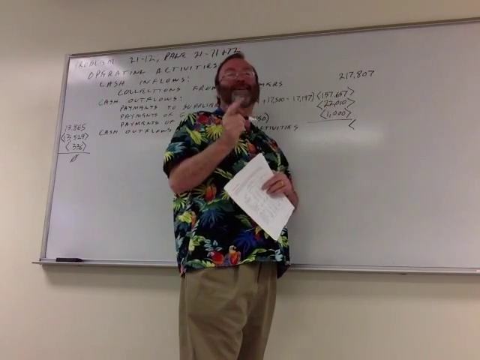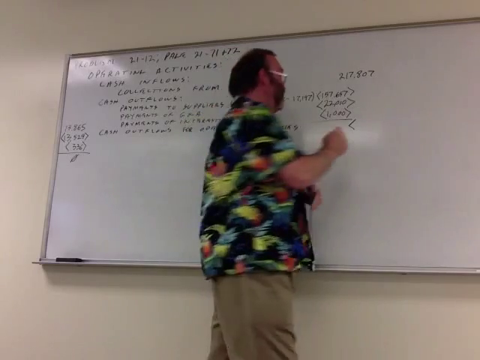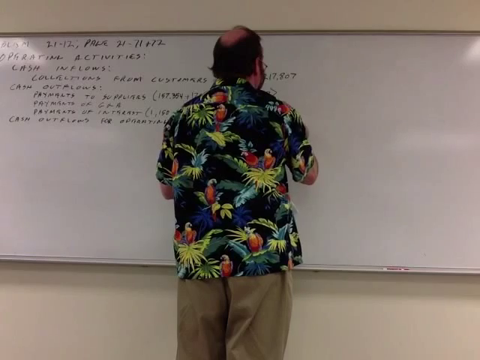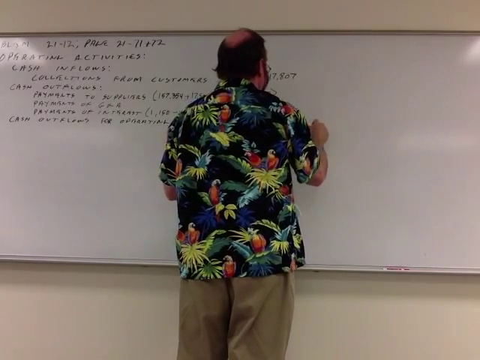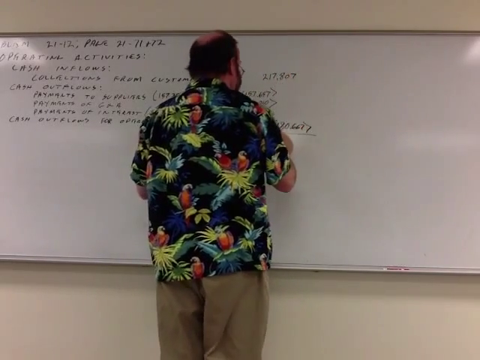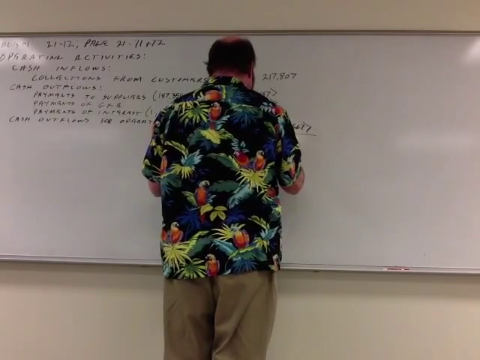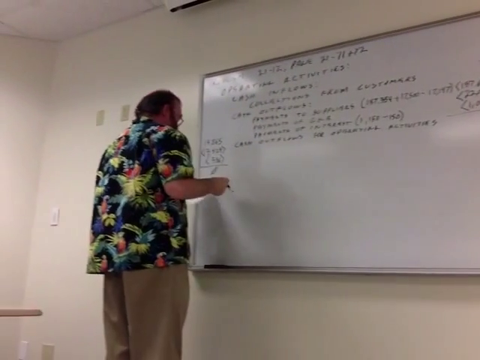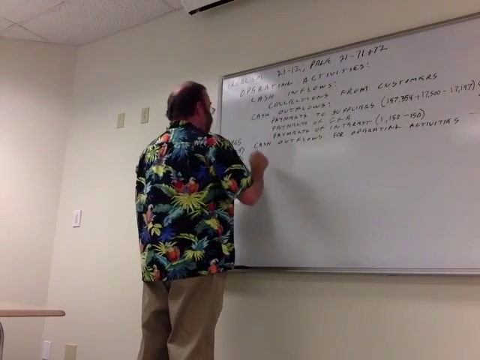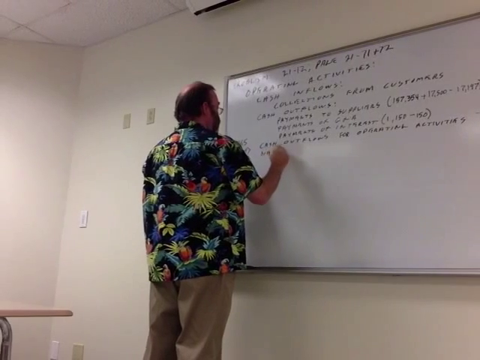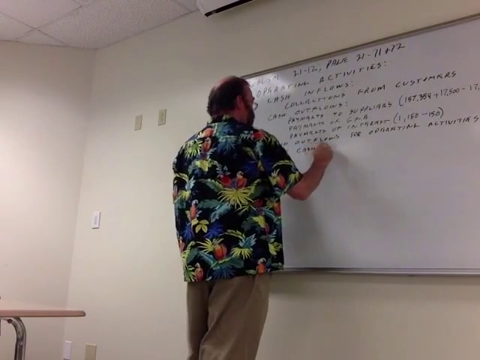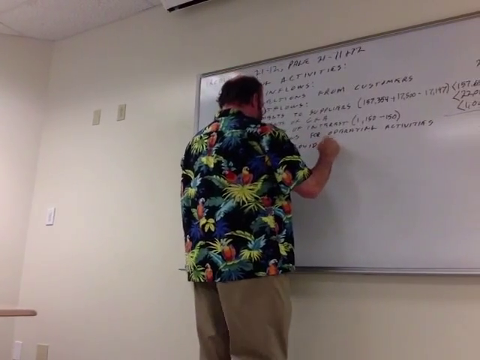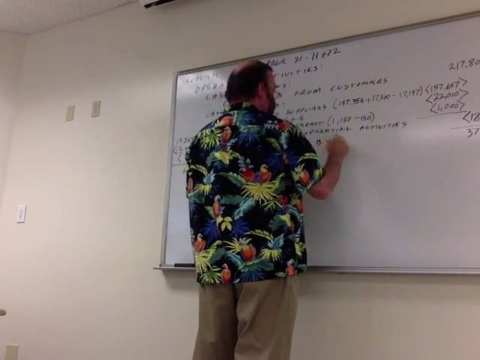She's got a calculator. 180. 180. 180 and then 667. 667. Okay. Subtract that, you get 37,140, which is net cash provided by operating activities.